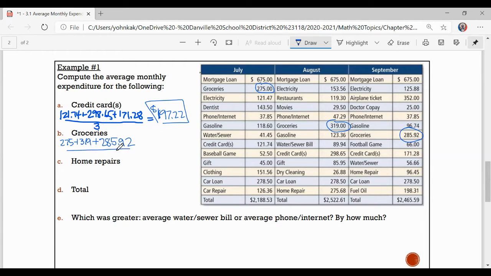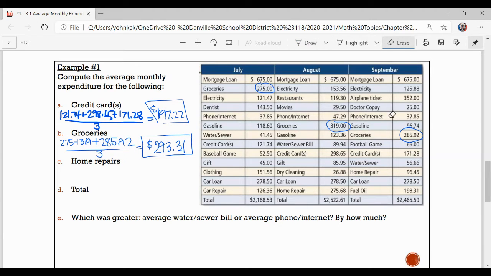And then I added three numbers, so I divide by 3. When I do that, I get $293.31. So that means this person spent an average of $293.31.